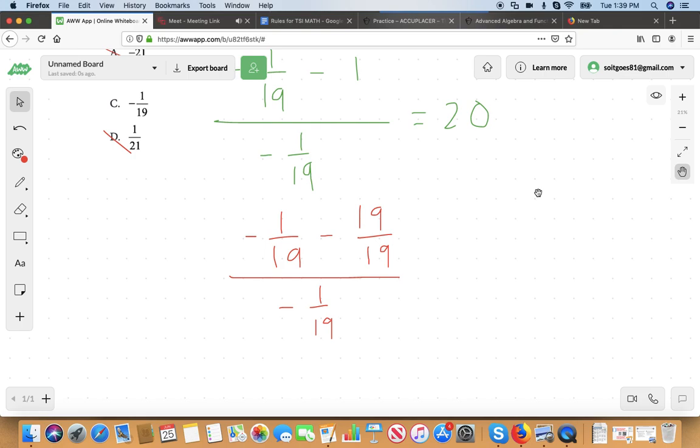Let me simplify this. When we're adding or subtracting fractions, as long as we have a common denominator, which we do here, 19 in both denominators, all you do is add the numerators together. And what's negative 1 minus 19? Negative 1 minus 19? Yeah.